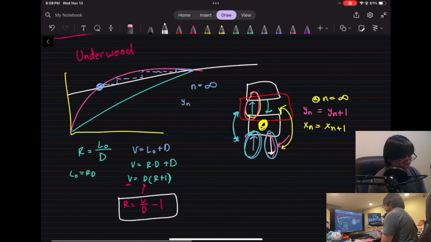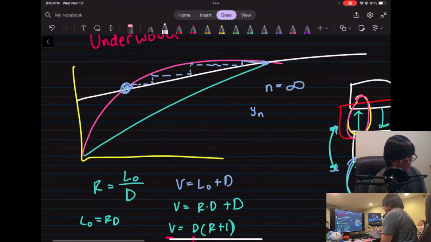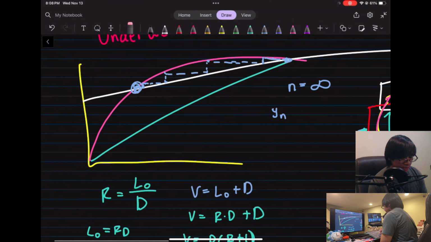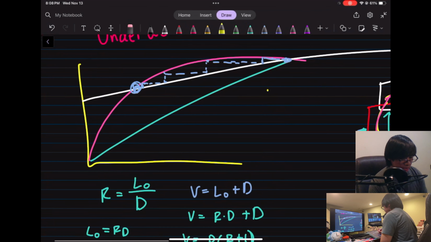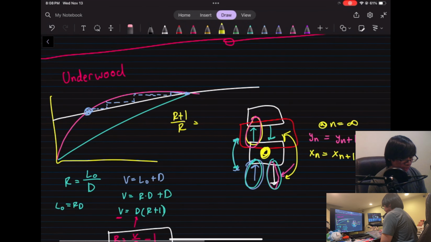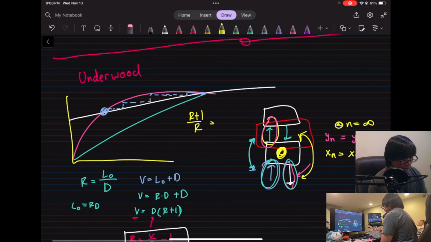I'll also go over this. It's not just our rectifying line, but we also had our stripping line. The rectifying slope is R over R plus 1, and as our reflux ratio approaches 0, the slope approaches 0.